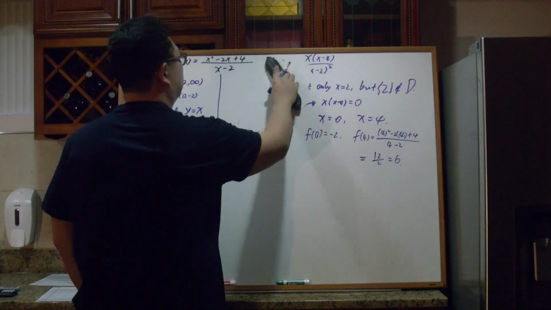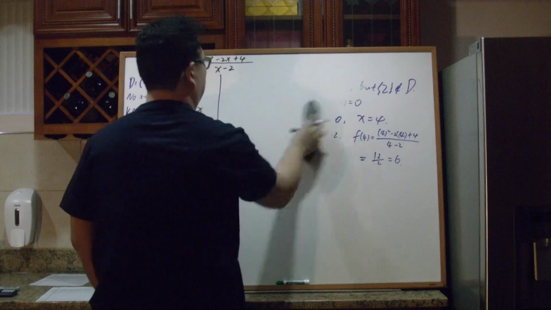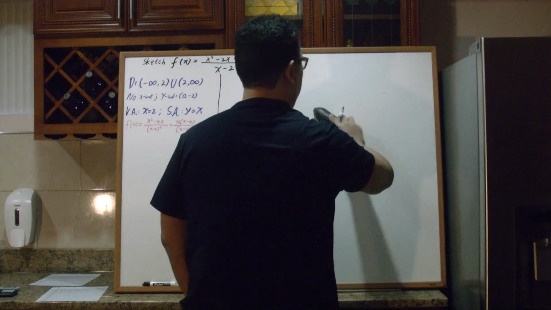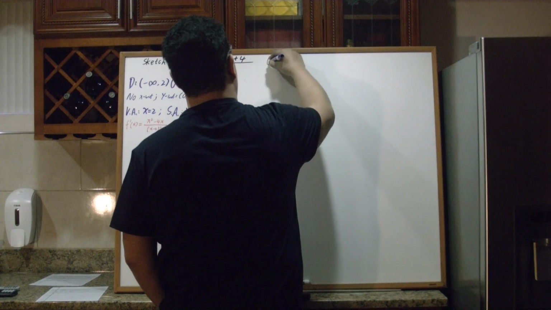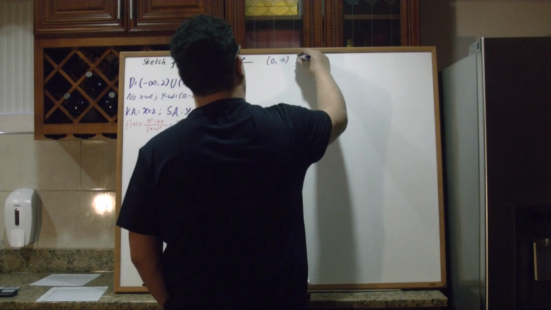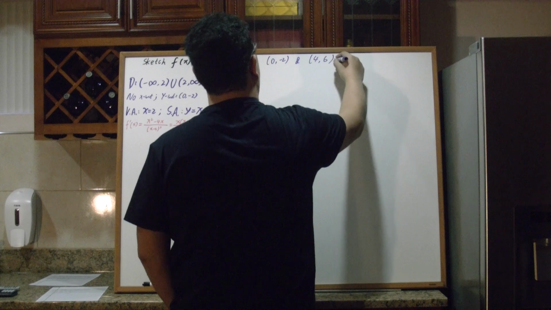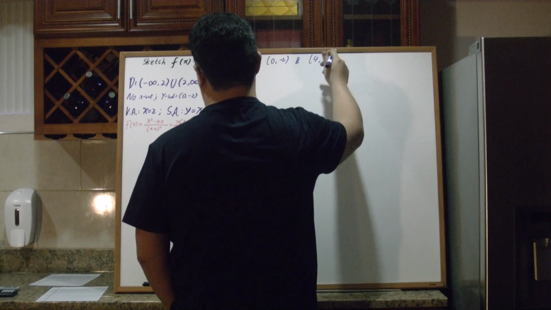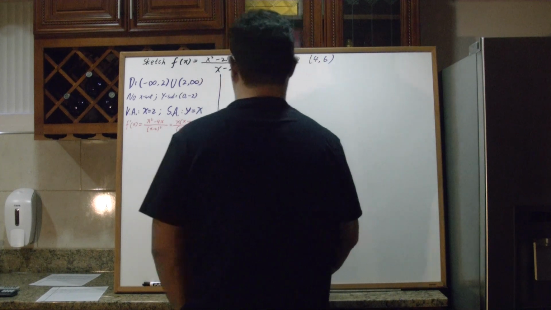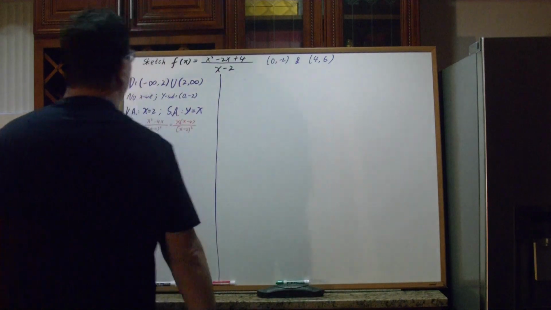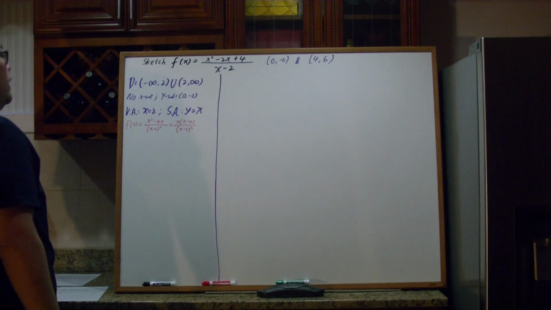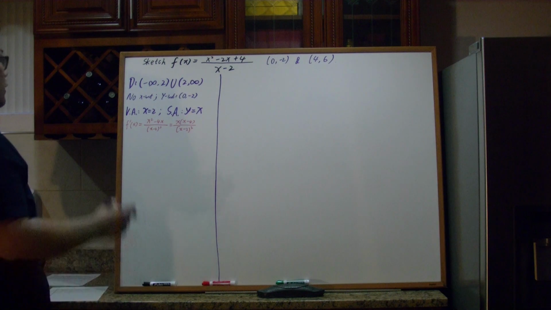So erase that. We have 0, negative 2 and 4, 6. Right, 0, negative 2 and 4, 6 are the points. Right.